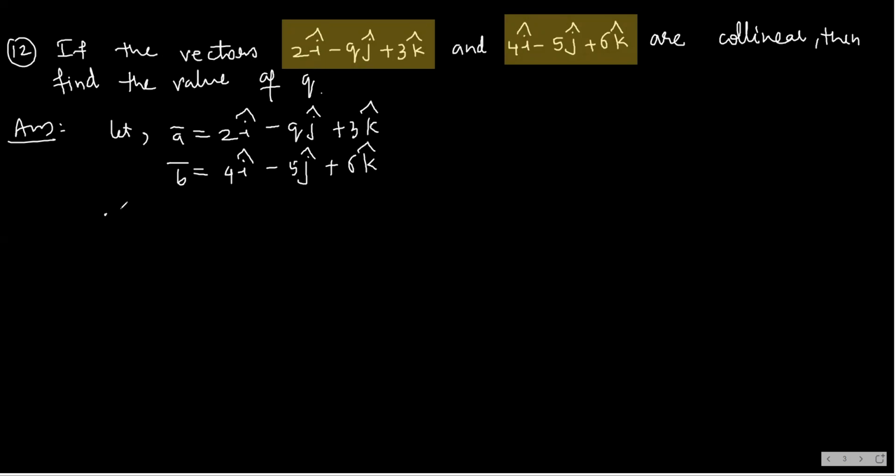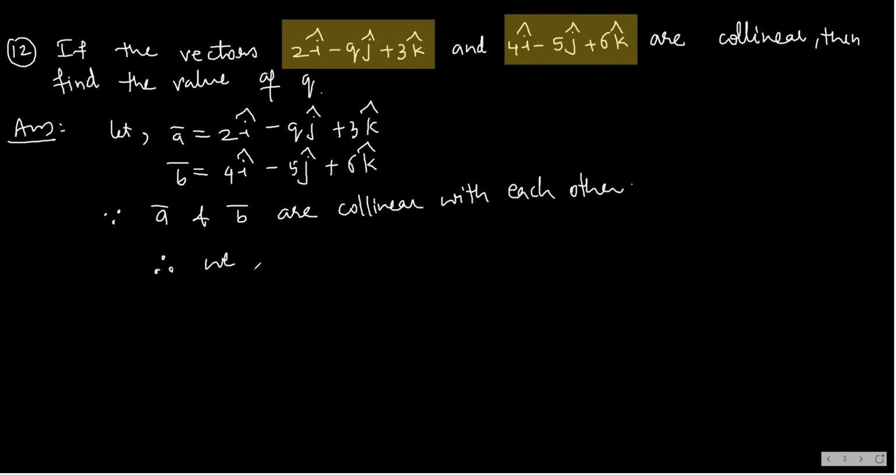Then I will write, since a bar and b bar are collinear with each other or collinear to each other, that is one and the same proposition. You can write it both the ways. Therefore, we can write.